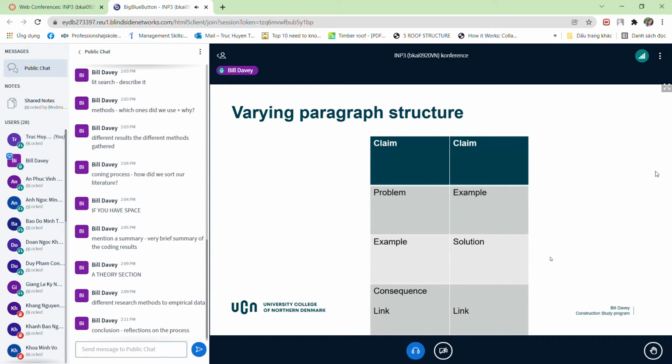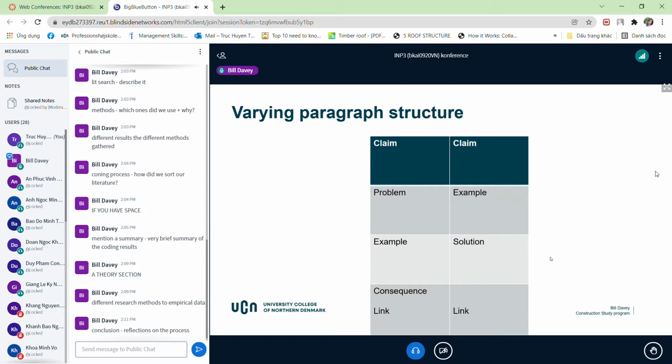These sentences have a function. And normally the first sentence has the function of making a claim.